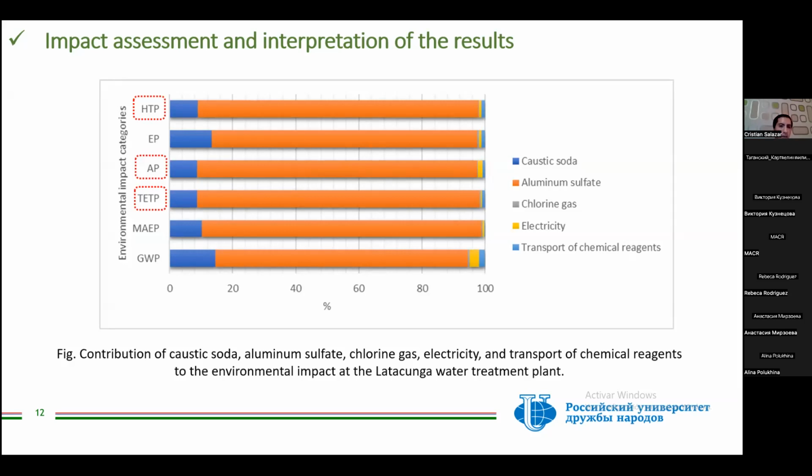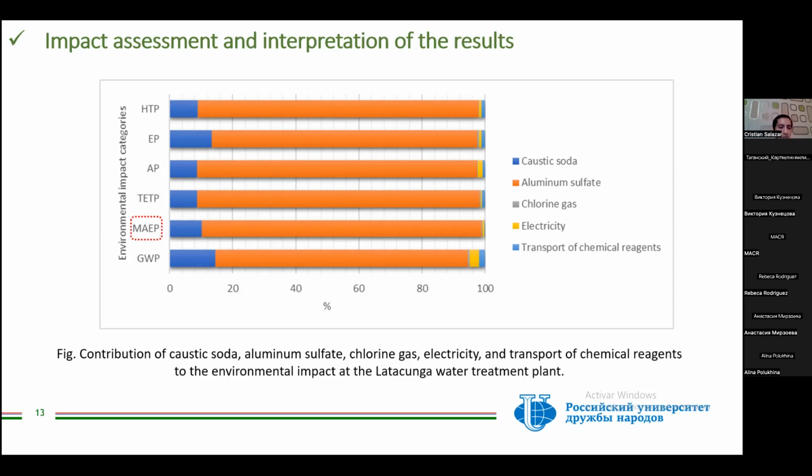The next figures present the results of the characterization of LCA processes, which show the proportion of each process in different categories of impact. The exposure profile in the figure shows that approximately 96% of the total amount of human toxicity potential, acidification potential, and terrestrial ecotoxicity potential is formed during the coagulation flocculation process.